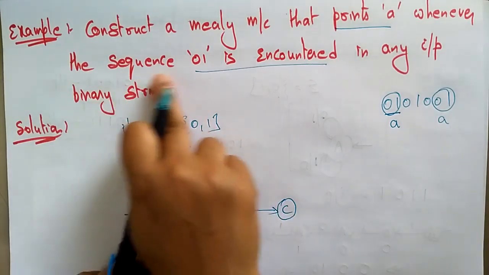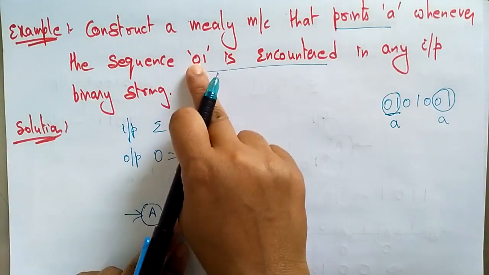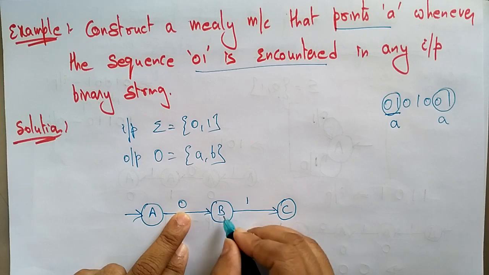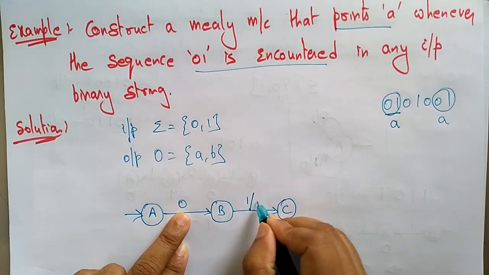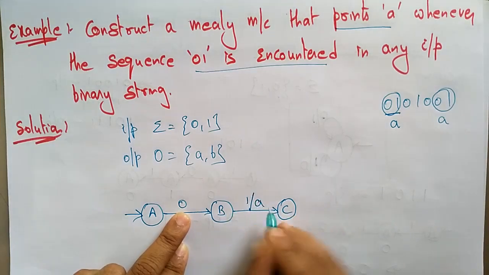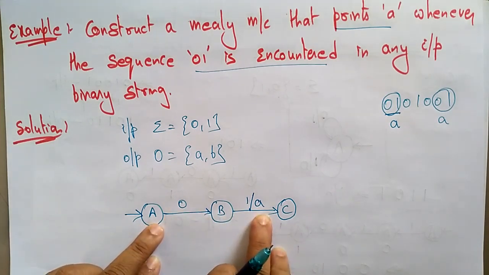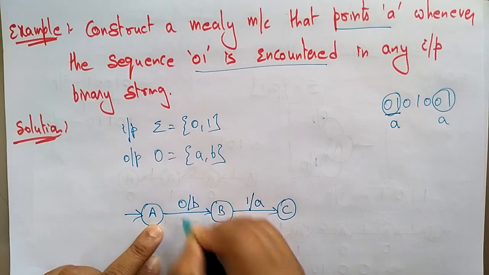Why? Because I need to construct a sequence: whenever 01 is encountered, the output has to print A. So whenever it is at B and the input is 1, the output should be A. And the remaining outputs are all B.